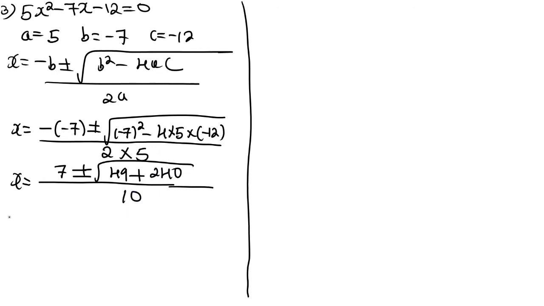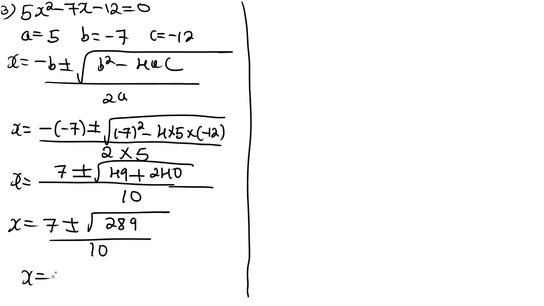Okay, next x is equal to 7 plus or minus square root of 240 plus 49 is equal to 289, divided by 10. So x value is equal to 7 plus or minus, what is the square root of 289? Square root of 289 is equal to 17. 17 into 17 equal to 289. So if you take the square root you will get 17. So 17 divided by 10.